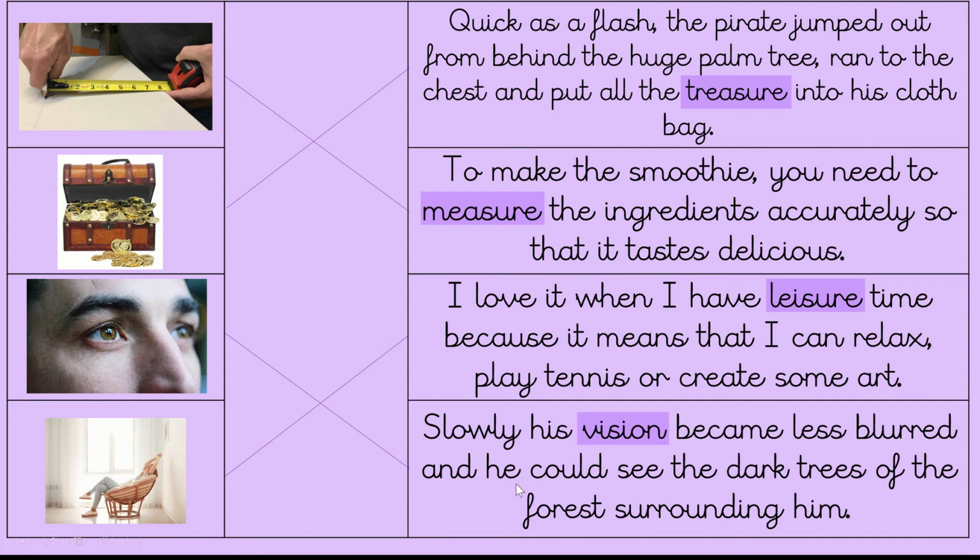So he couldn't see it, and his vision was coming back, so it was getting better, and he could see the dark trees of the forest all around him. Can you imagine those dark trees waving in the wind? And that one matches to the picture of the man's eyes. That's his vision, that's what he can see.